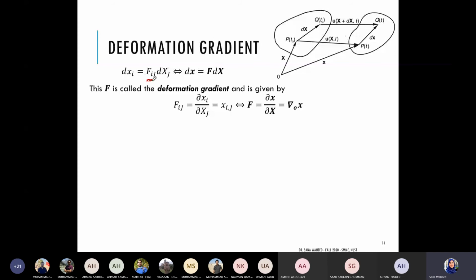And notice why I can: where did I write this expression from? Because if I want to write dxi, I can write it as del xi by del xj into dxj. The dxj and del xj cancel, and hence dxi gives me del xi, right? From the definition of the derivative, I'm coming to it. So if I represent this derivative with this symbol Fij, then I can describe this a little bit more compactly.